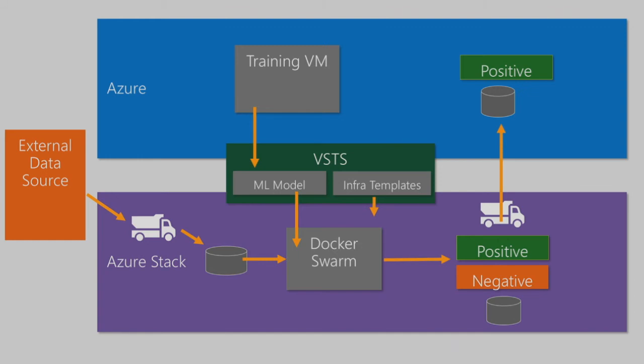And then we have a Docker Swarm cluster running on our Azure Stack. One of the cool things about Azure Stack at the edge that is a little different than other edge devices is that it's a system that can survive a node failure, right? A lot of edge devices may just be a one host kind of deal. And with Azure Stack, we can actually tolerate a node failure.